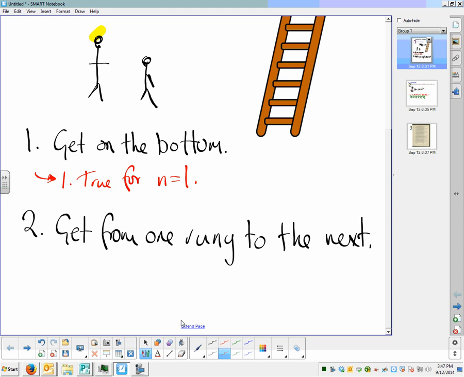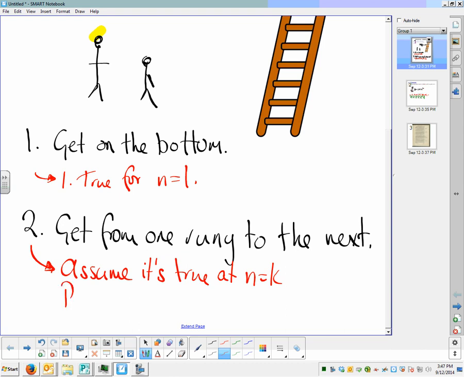So if I can start the process, if it's true at the start, that's one of the things I need. And then the other thing I need to be able to do is to say, well, let's assume it works at some point. So we assume it's true at some value, and we'll call that value k.